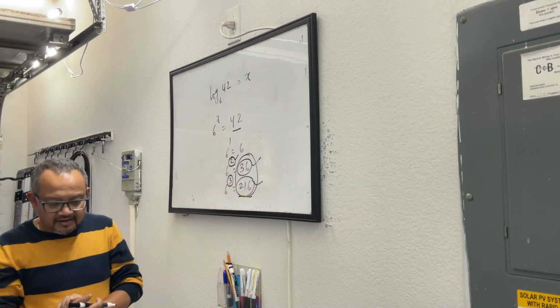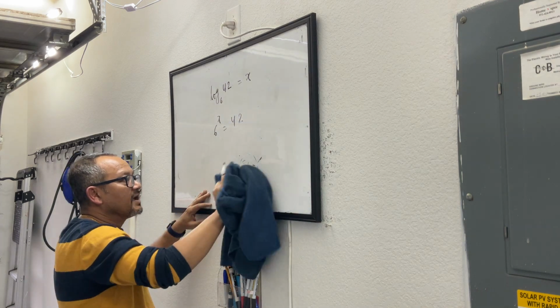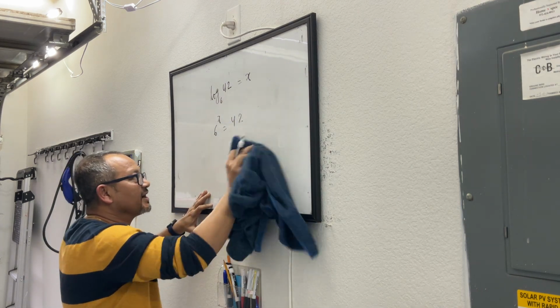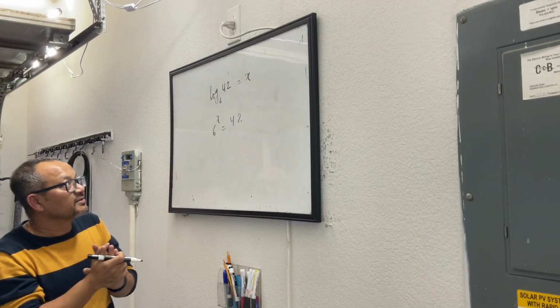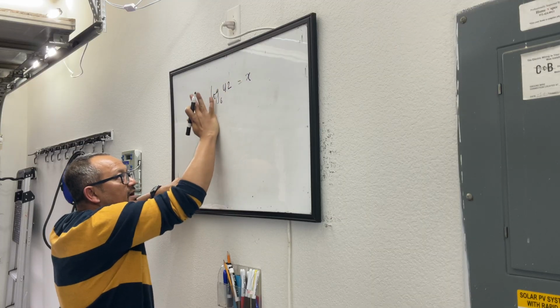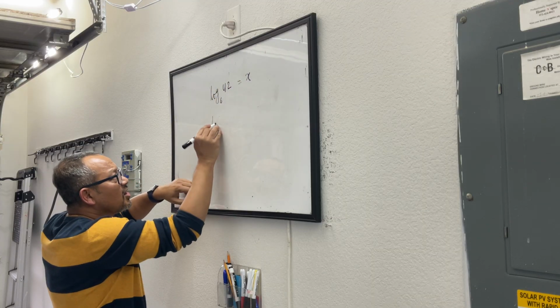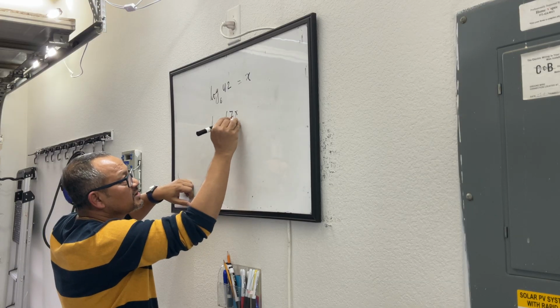Right? So now, okay, let me show you guys something here. And again, I might not be very correct with what I'm doing because it has more to do with creativity. Now, let me do this way. Can I say this log of 42 base 6 as 7 into 6?